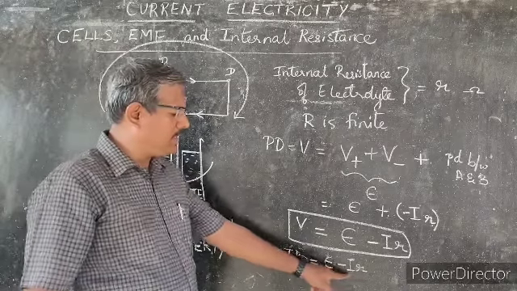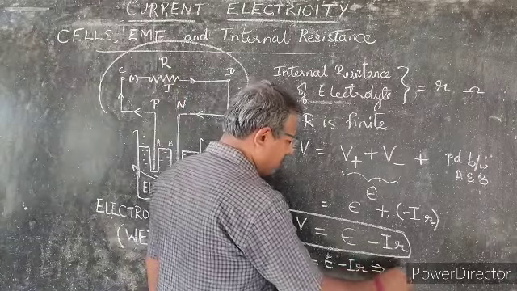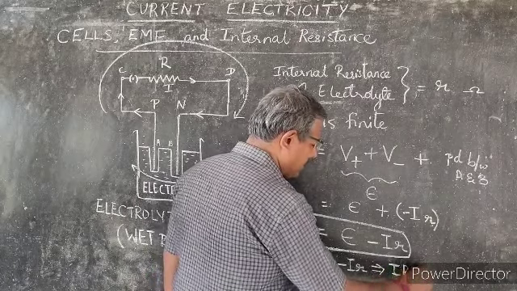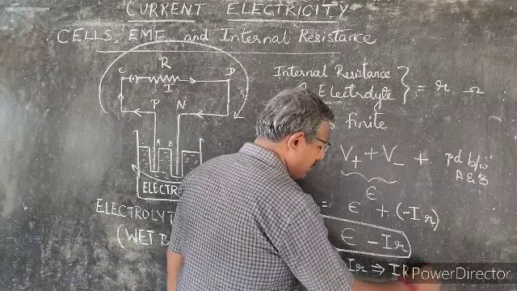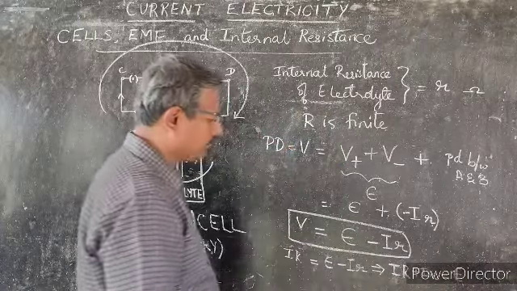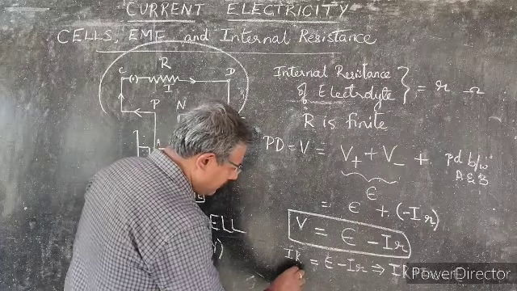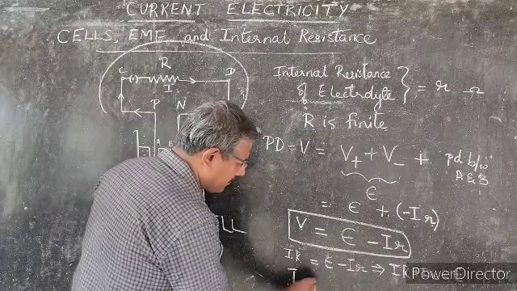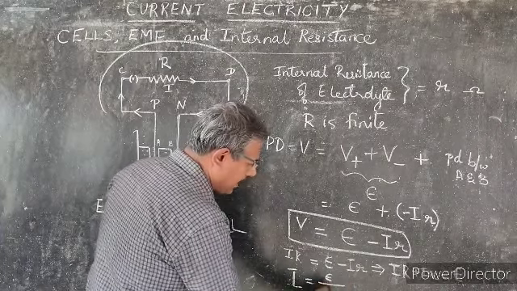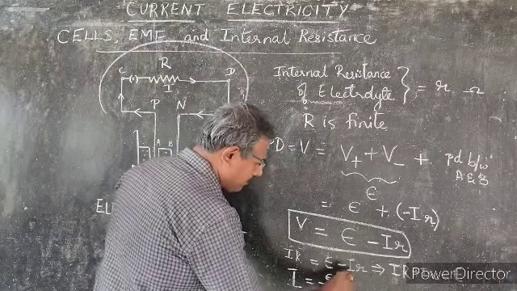If I bring this term to the left hand side, I am left with I R plus I r equals epsilon, which finally gives me I equals epsilon by R plus small r.